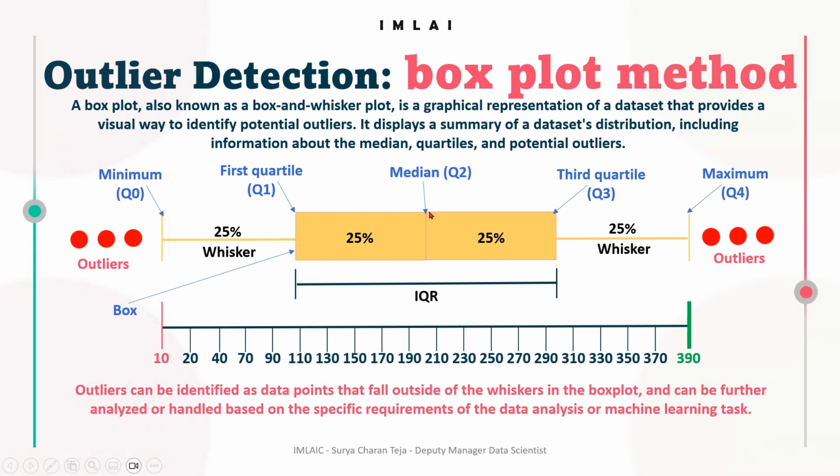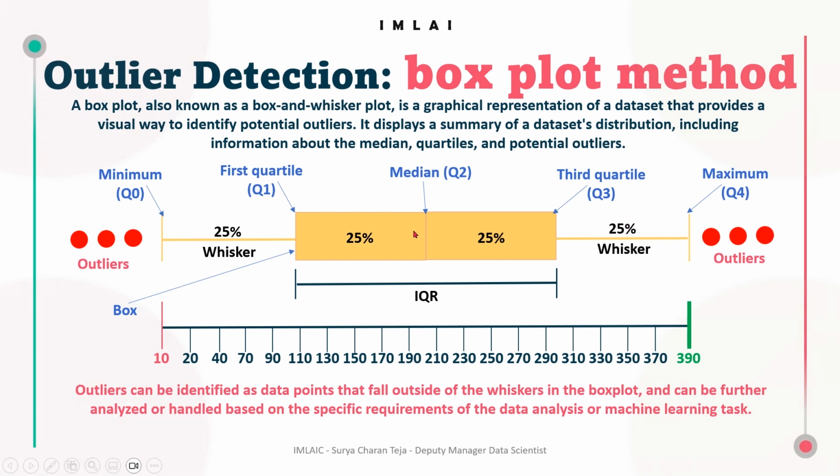In this, the box represents the interquartile range, which contains the middle 50% of the data. The data is in ascending order, and the middle 50% of the data is in the interquartile range. The bottom of the box, or left of the box, represents the 25th percentile, called Q1, and the top of the box, or the right of the box, represents the 75th percentile, Q3.